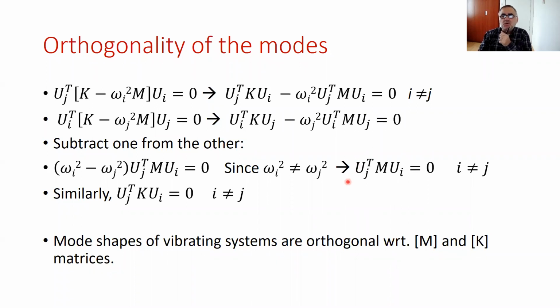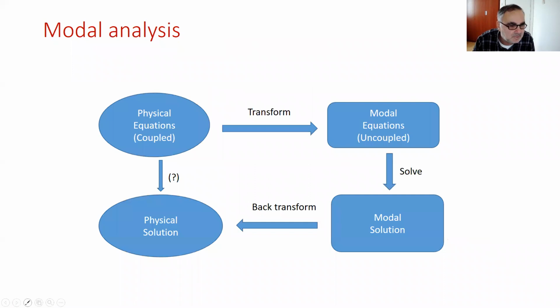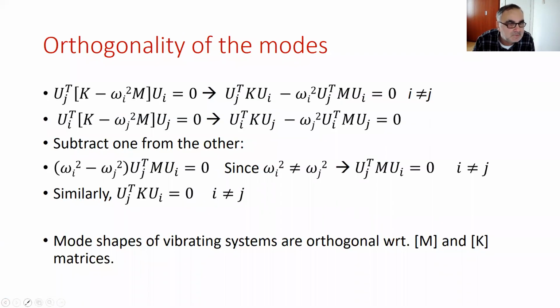And if you mass normalize them, they will also satisfy ui transpose M ui equals 1, this will be mass normalized. If they are not mass normalized, they won't satisfy this equality of 1.